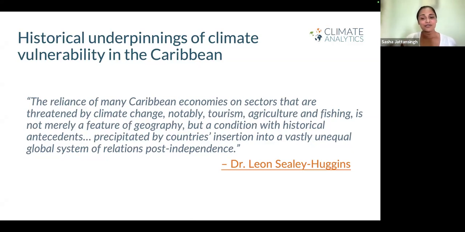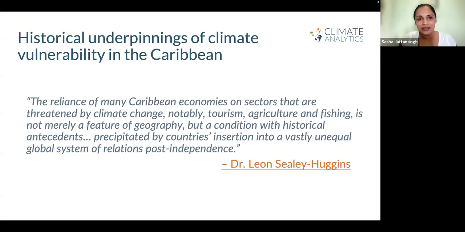And this is a lot to unpack, but it really explains why the Caribbean is so incredibly vulnerable to climate change. And really and truly, it's not any fault of ours. Our main economic sectors are very climate sensitive. In the 1960s to 1980s, most of us gained independence, and we're now part of this global system as independent states.